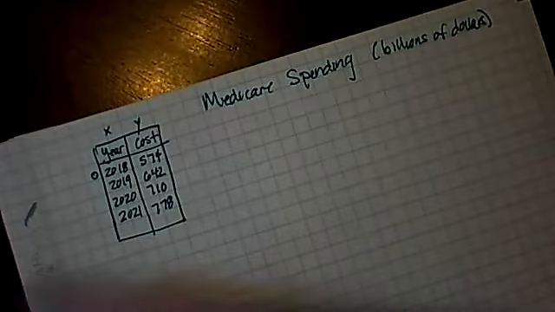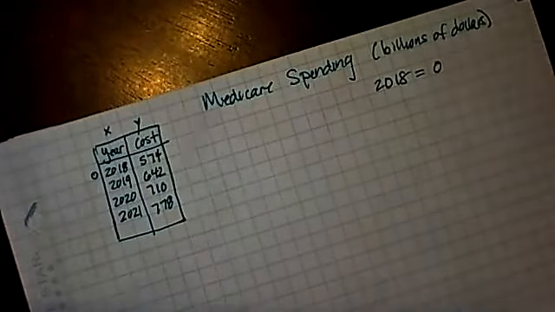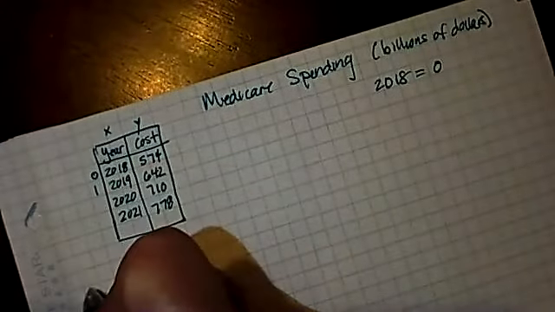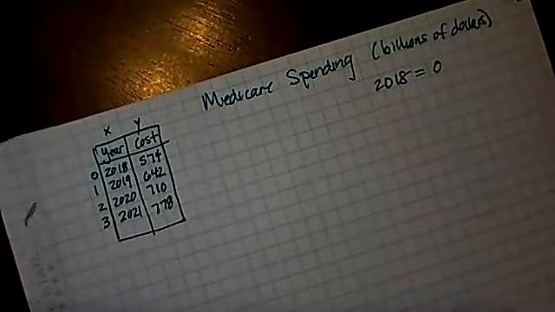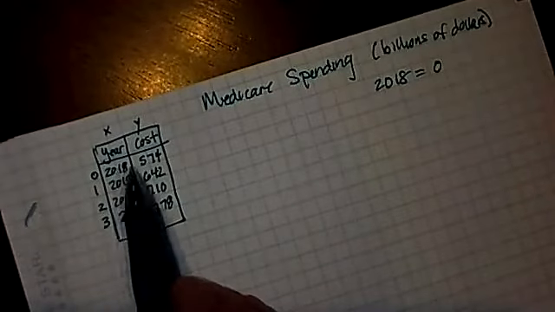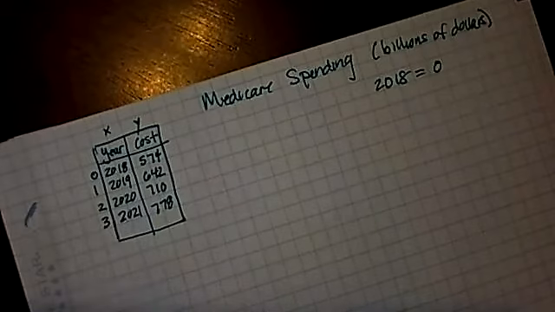So we know that 2018 equals 0. Then 1 year later is going to be 1, 2019, 2020, 2021, and so forth. So instead of using this, I'm going to use 0 for the x value, just to make it easier. So I'm not dealing with big numbers. And you can always do that when you're dealing with years.